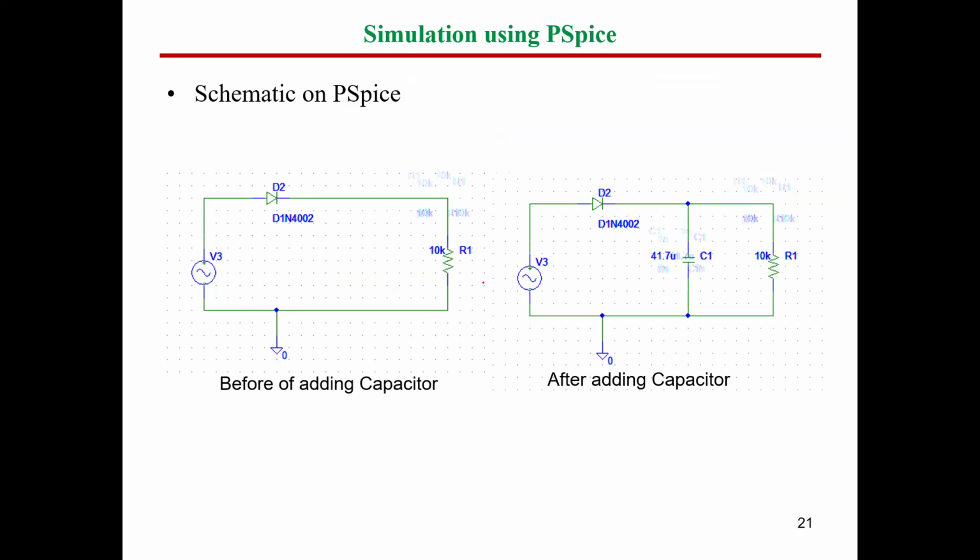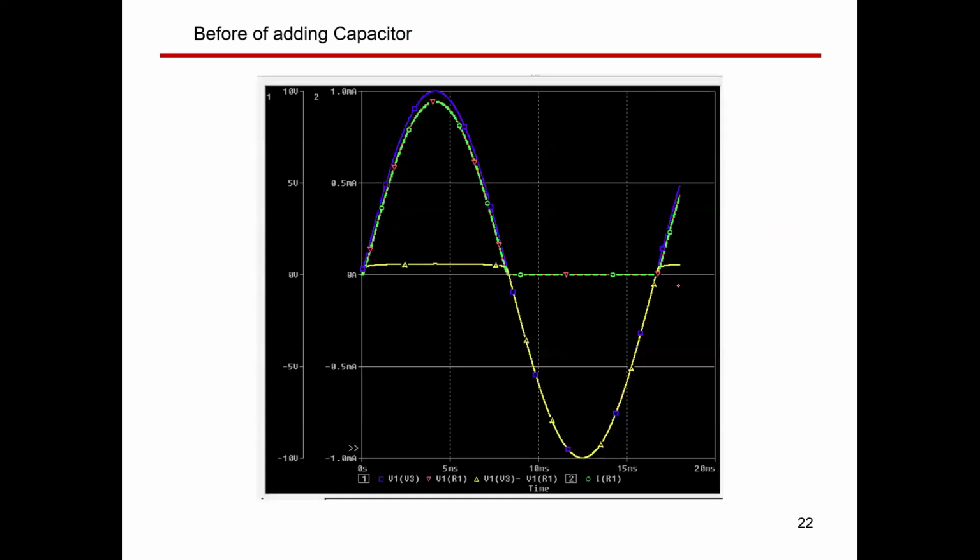So this is the circuit before inserting a capacitor. We will see together the performance of the circuit, and then after adding a capacitor of 41.7 microfarad, what will be the performance of our rectifier circuit. So this is the first case, before adding the capacitor.